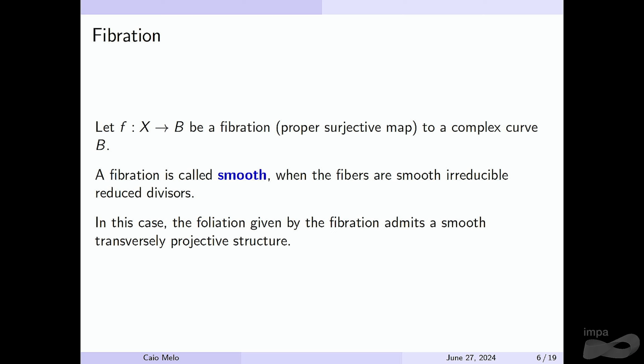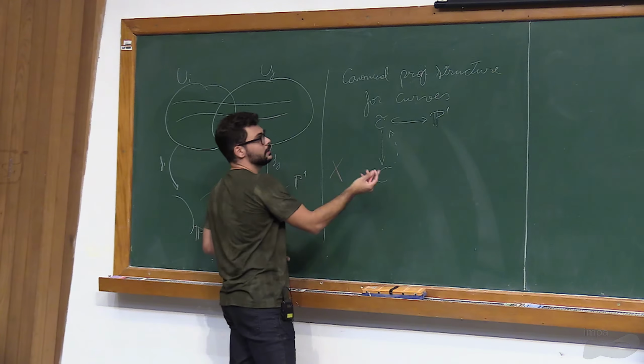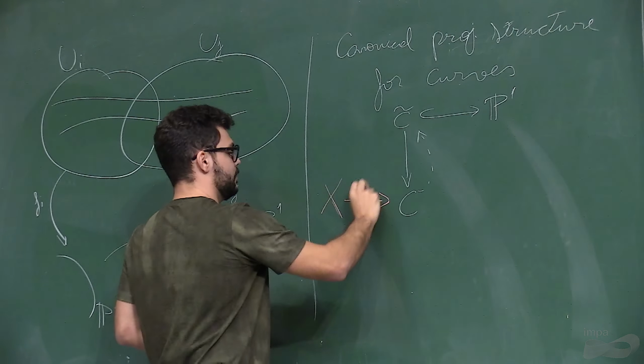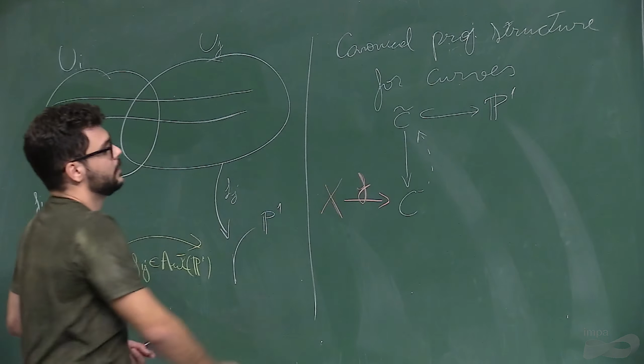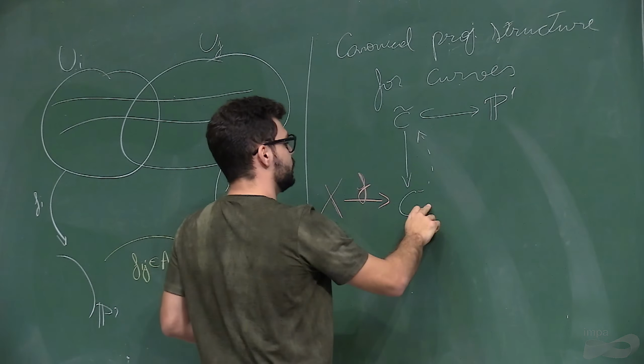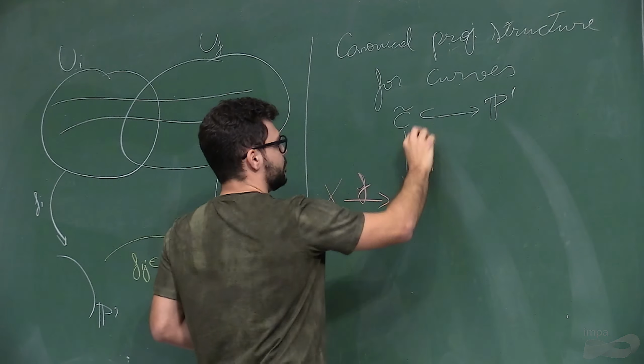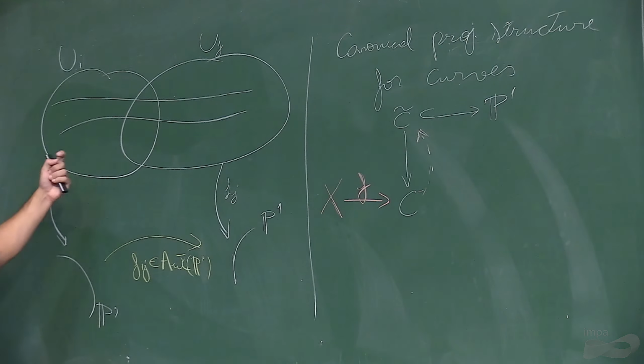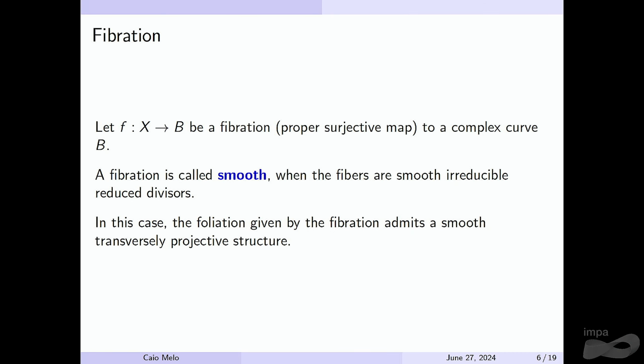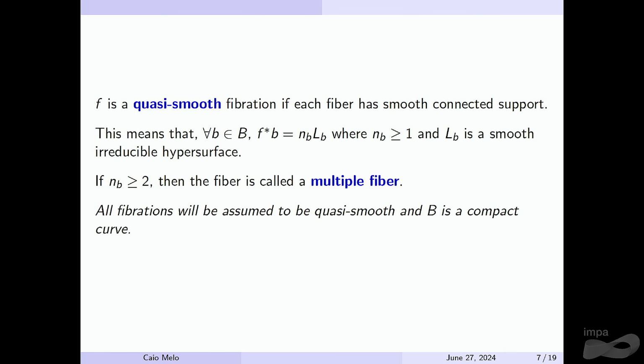And in this case, the foliation always admits a transversely projective structure, because we can use this draw. So you take the foliation given by a fibration like this, and you compose with these local sections, and you obtain exactly these submersions. And so what happens when we have multiple fibers?